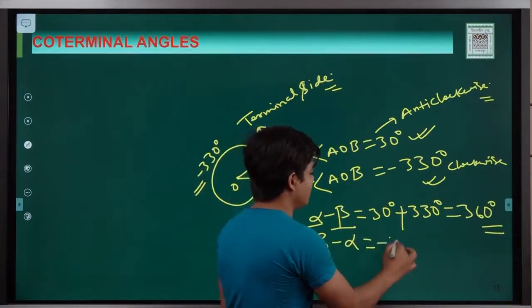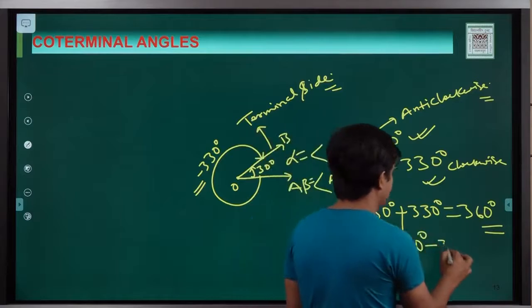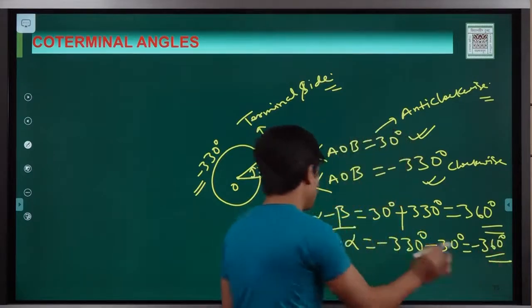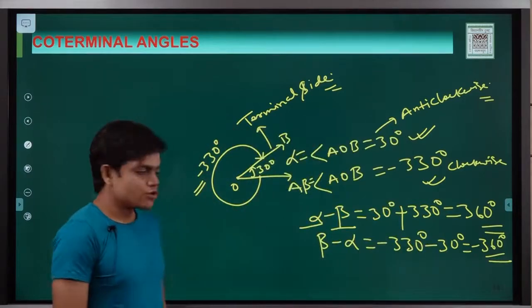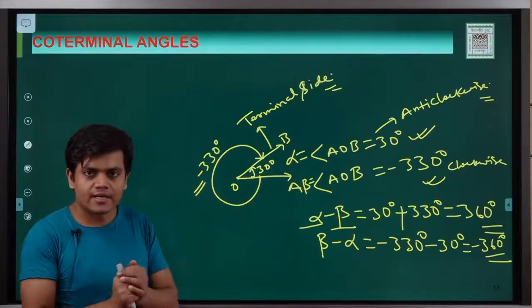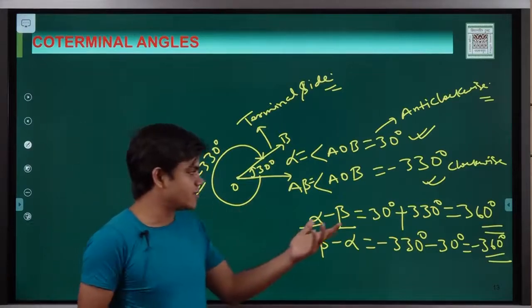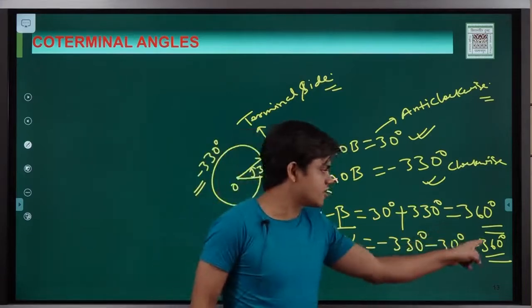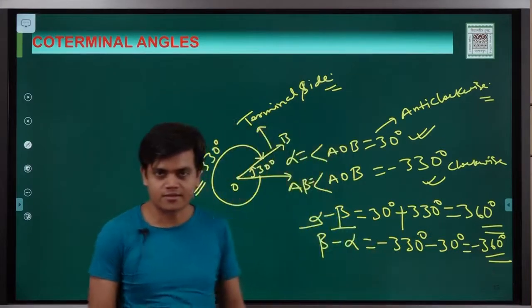Beta minus alpha will be minus 330 minus 30, so minus 360 degrees. So we see that if there are two coterminal angles, their difference will always be a multiple of 360 degrees. Here this is 360 and this is minus 1 into 360 degrees.